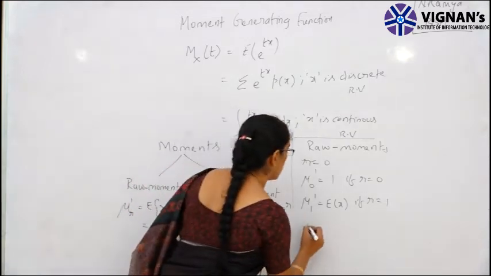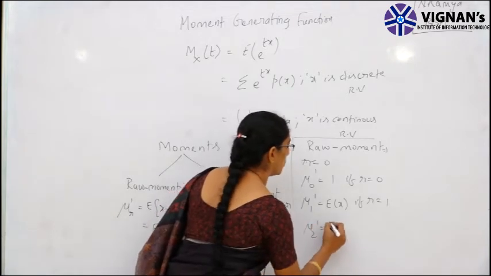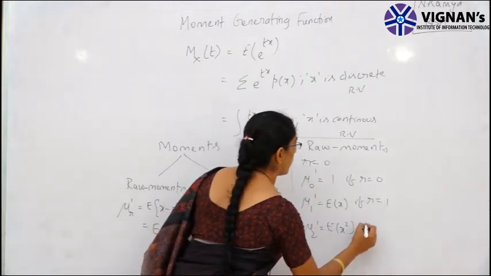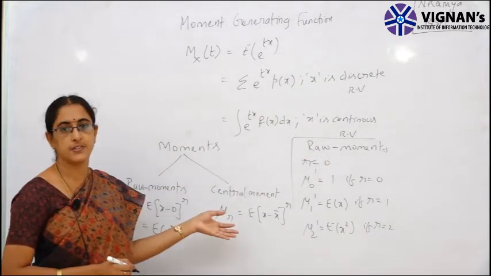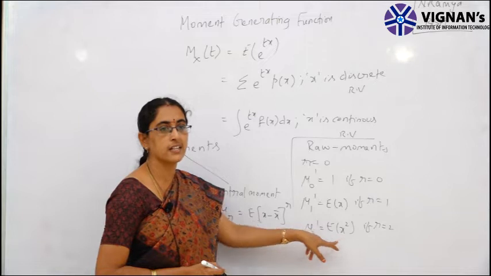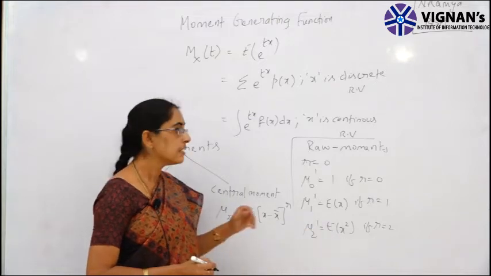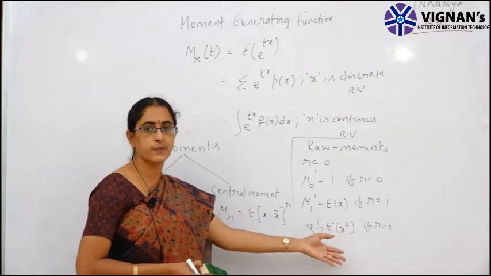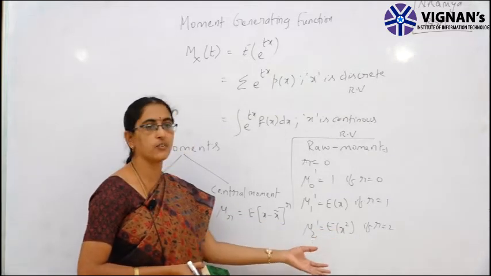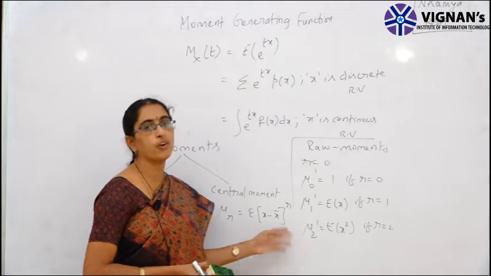Then mu 2 dash, that means if r equal to 2, it is expectation of x square. That is what we use in finding the variance. Expectation of x square is the second raw moment. Similarly, if you take r equal to 3, it is expectation of x cube, mu 3 dash, and r equal to 4, expectation of x power 4, mu 4 dash.